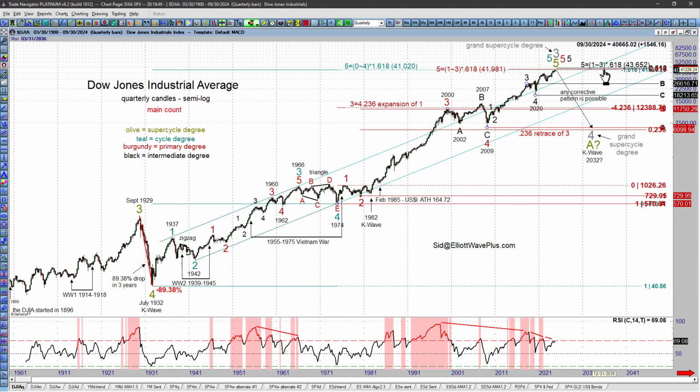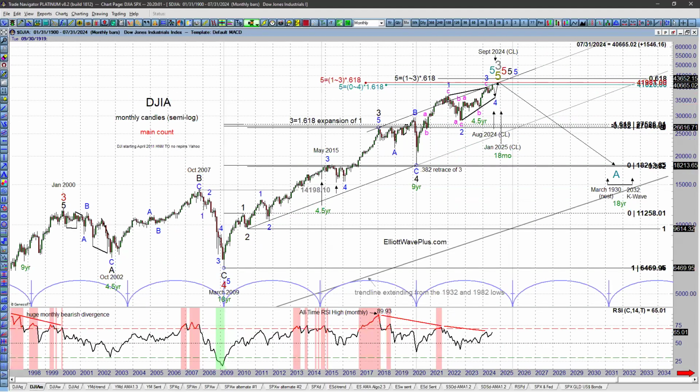And wave 5 would be equal to the net travel of 1 through 3, that's 1 through 3 times 0.618. That's a 43,652. And that hasn't been hit yet. So the question for a long time is, how are we going to get 5 waves up from the March of 2020 low?